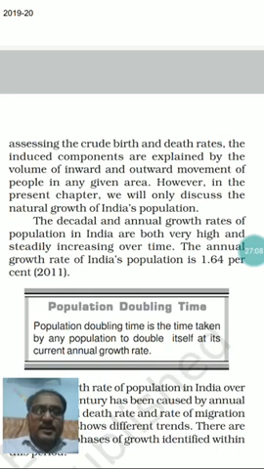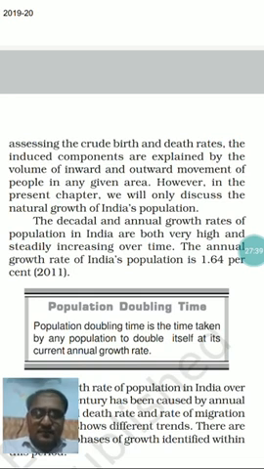It is estimated that the country's population will double itself in another 36 years. It was estimated at the time of the 2001 census that the population of the country will be doubled in the next 36 years, and it was even estimated that India's population will surpass the population of China in the near future.